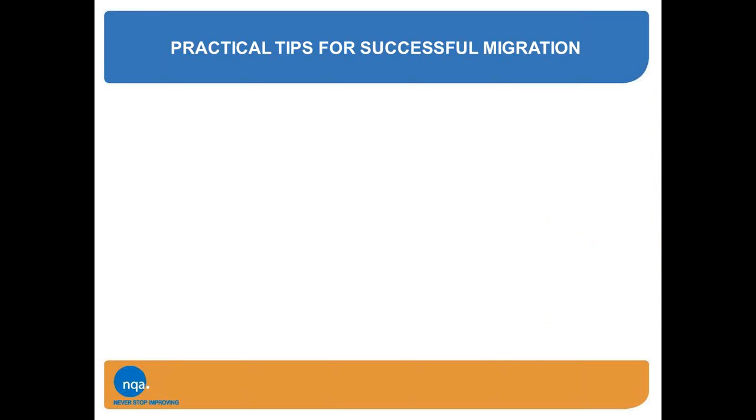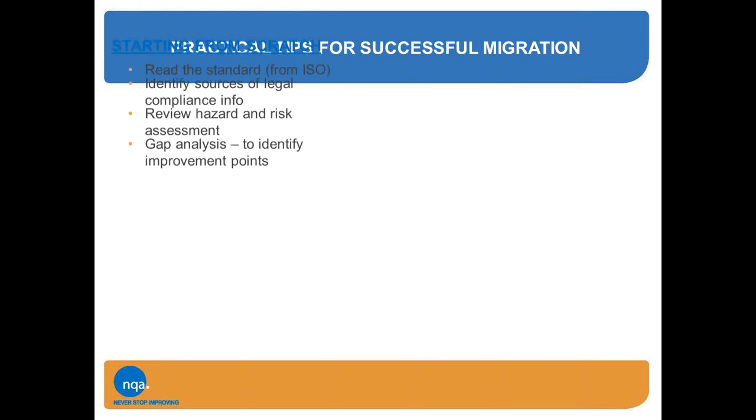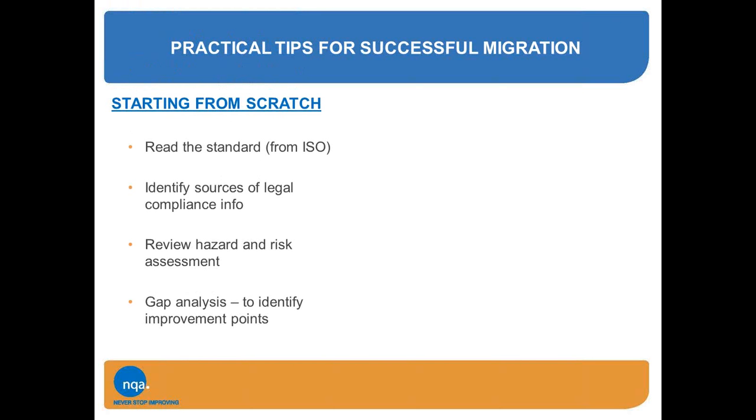Some practical tips for everybody, really. If you were starting from scratch, get a copy of the standard. Obviously, 18001 is the existing, fully published and registerable standard that you can use. You can get registered to that. You can get certificated, etc. You can use 18001.